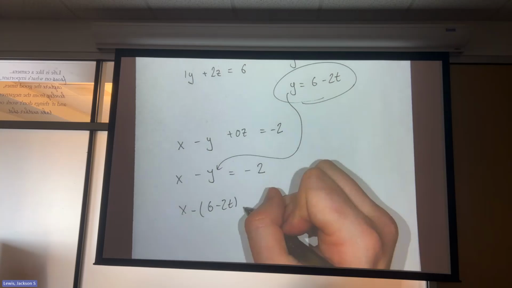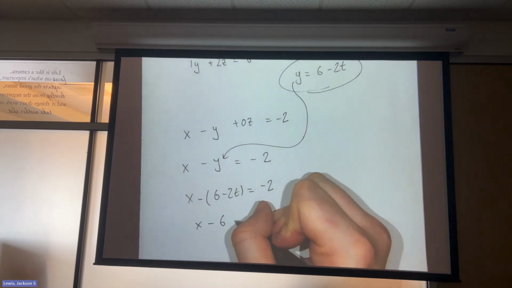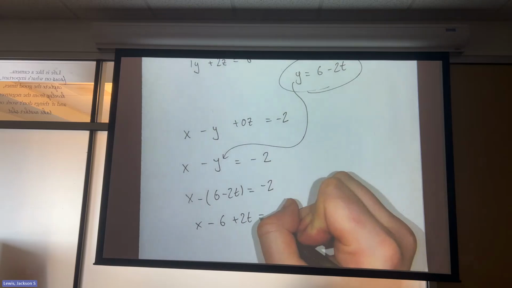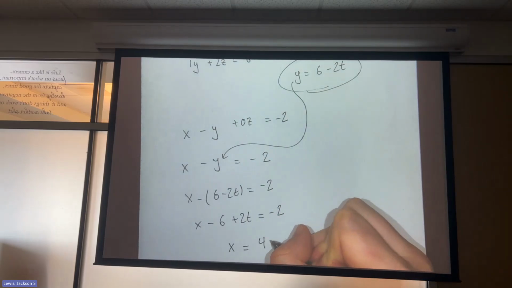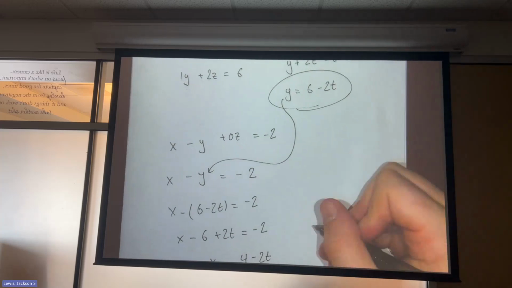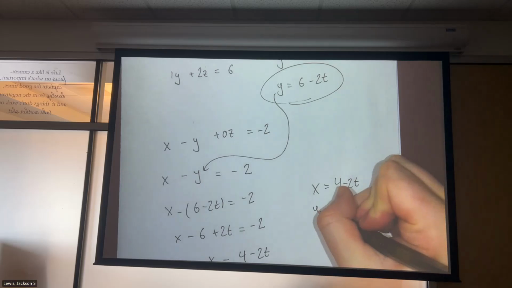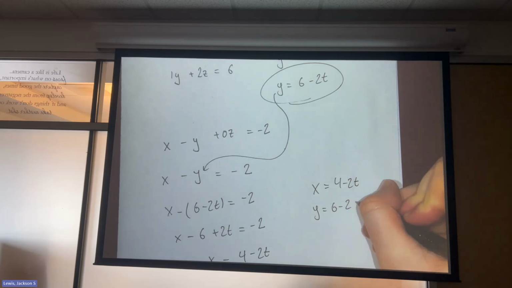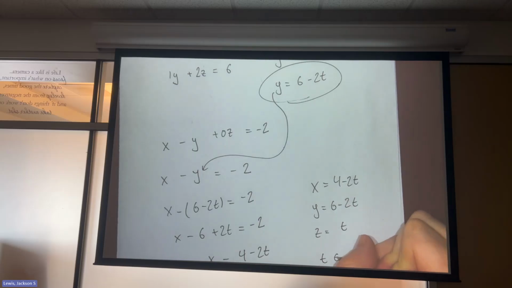This is equal to -2. So x minus 6 plus 2t equals -2, or x equals 4 minus 2t. So then my solution is x equals 4 minus 2t, y equals 6 minus 2t, z equals t, and t is just any real number.